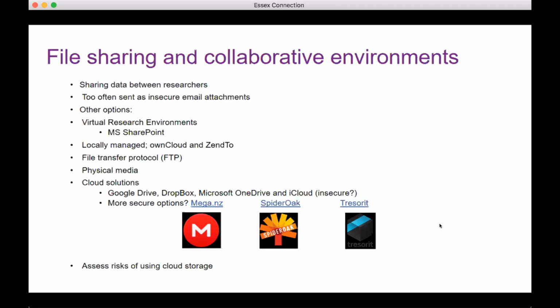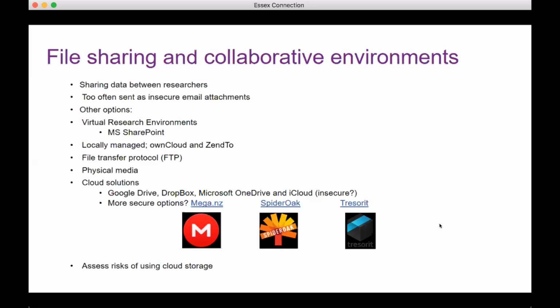We use Zen2 here at the University of Essex, or physical media can be sent encrypted through the post. There are cloud solutions as well, such as Google Drive or Dropbox. However, we have to be cautious about security concerns in this case with Google Drive and Dropbox.